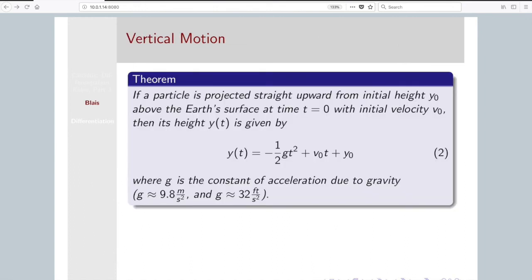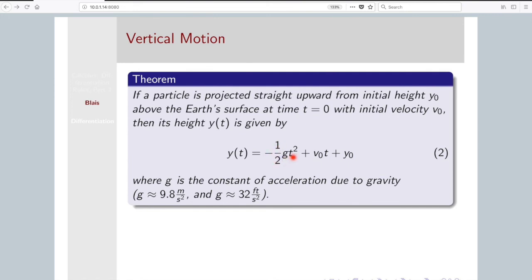Another very common type of application, vertical motion. So we mentioned this in an earlier lecture, but we'll use it a bit more now. And again, those of you who have taken or are taking a physics course will have seen some of this before. But if we have a particle projected straight up from an initial height of y0 above the Earth's surface, so think sea level, at time 0, with initial velocity v0, then its height is given by the following function.